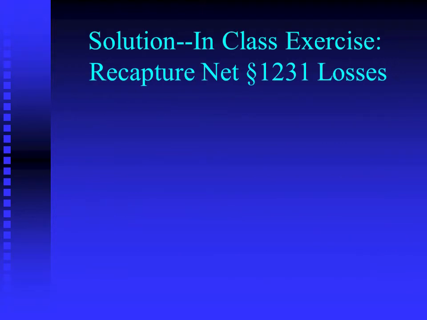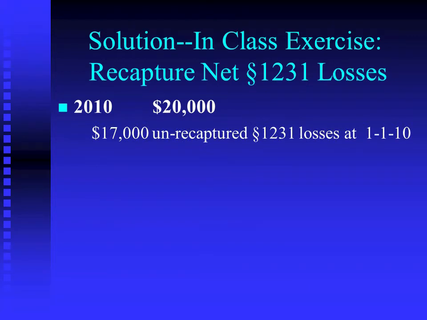And now in 2010, life is better. I have a net 1231 gain. I would love to take all of it to my Schedule D. Instead, I have to look back, and it turns out that I have $17,000 of unrecaptured 1231 losses caused by that net 1231 loss that generated ordinary losses last year.